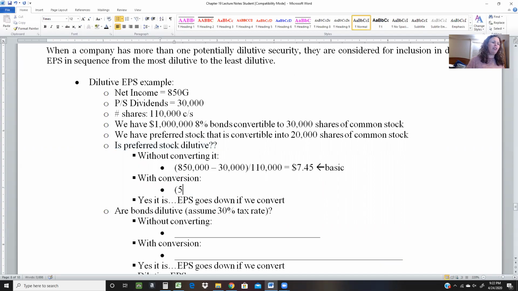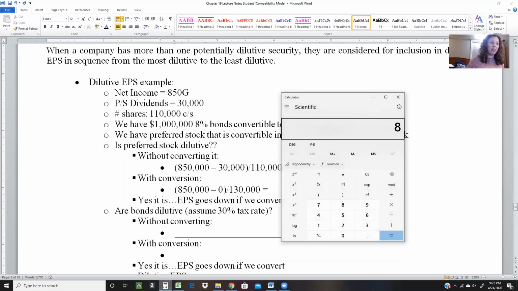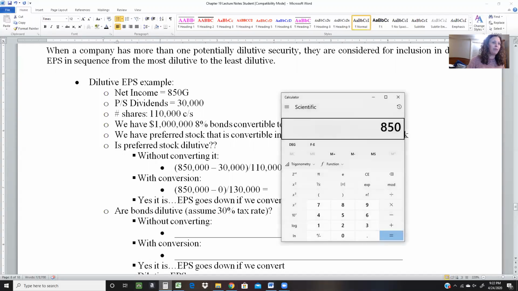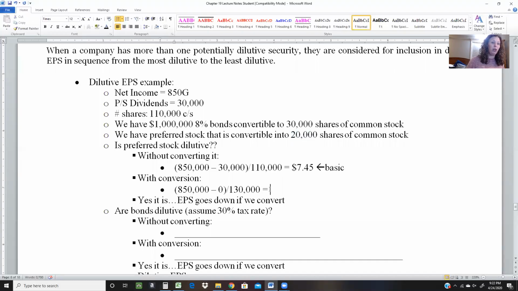So I would do 850,000 minus 0, and then instead of dividing by 110 shares, I've now got 130 shares, because we dumped an additional 20,000 shares into the market. 850 divided by 130 gives me 6.54. So it is dilutive.